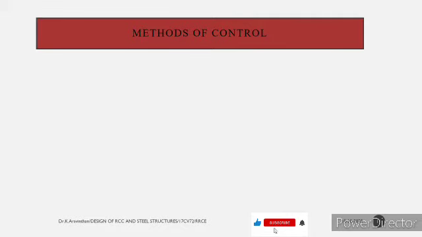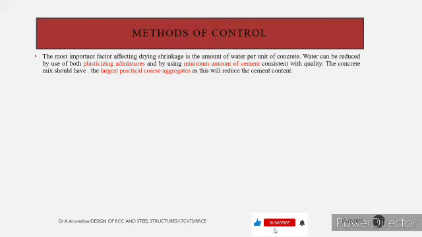So how do we control these cracks in a water tank? If you add more water in concrete, the durability of the concrete gets reduced. So in order to maintain the minimum water content for durability, we can use a plasticizing admixture. Instead of increasing the water, you can use an admixture, and to reduce cracks you can limit the cement content and use the largest practical coarse aggregate.